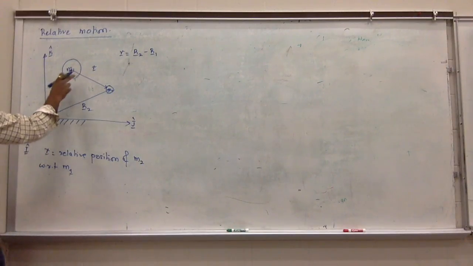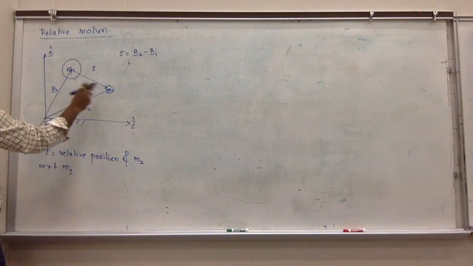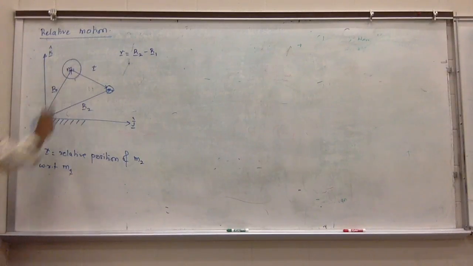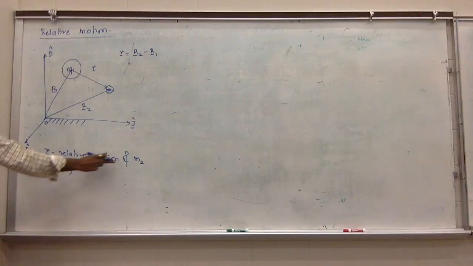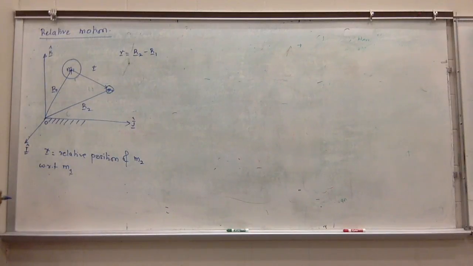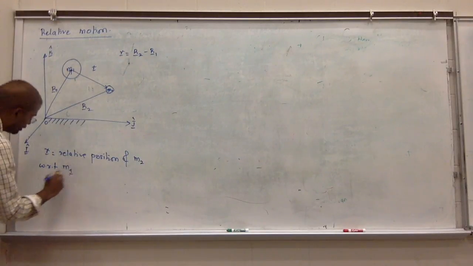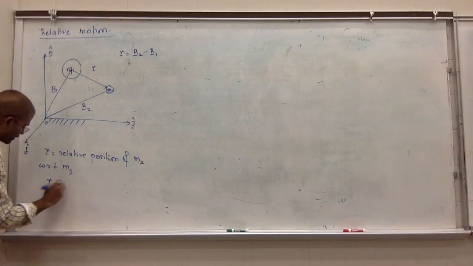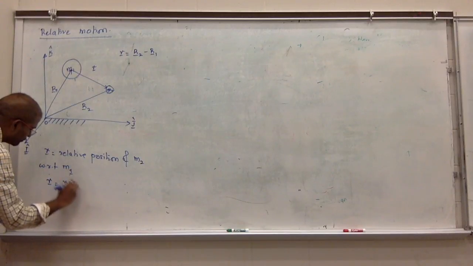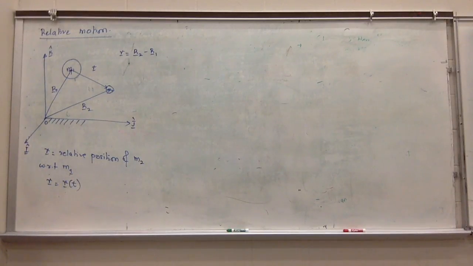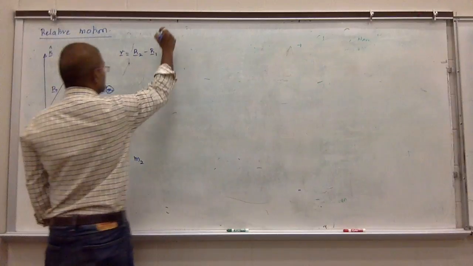So now we can say this R is the position of moon with respect to Earth. So relative position of m2 with respect to m1. And this R, you have to keep in mind, is R of t. Got it? Because this is constantly changing. It's a function of time.